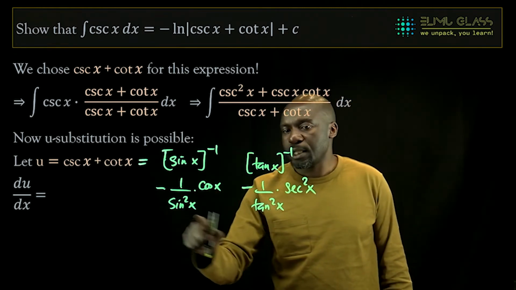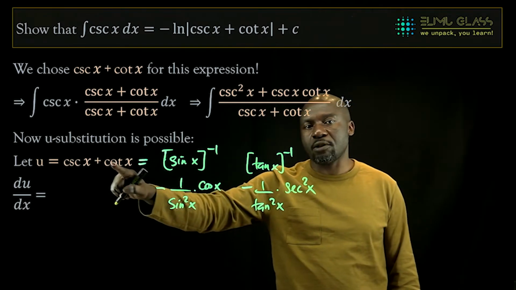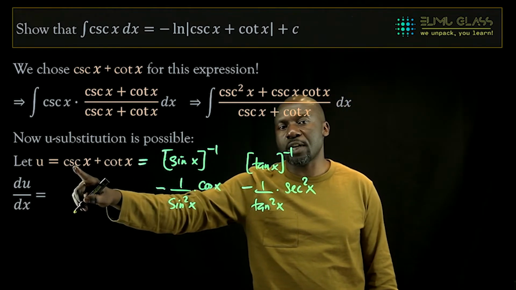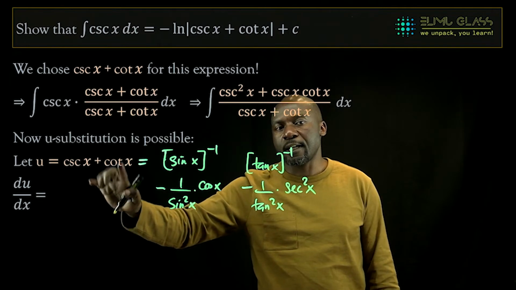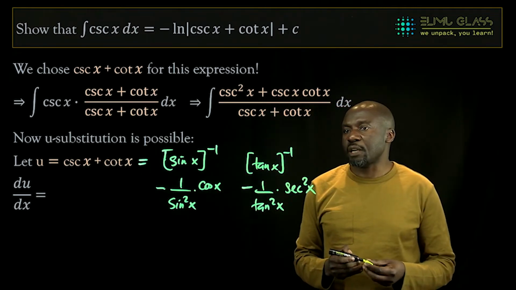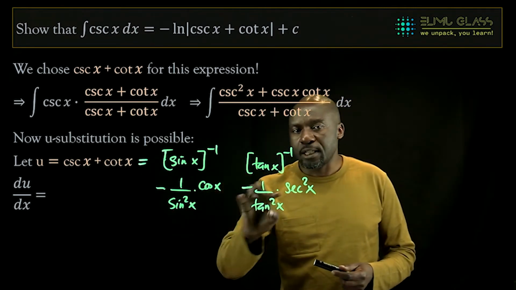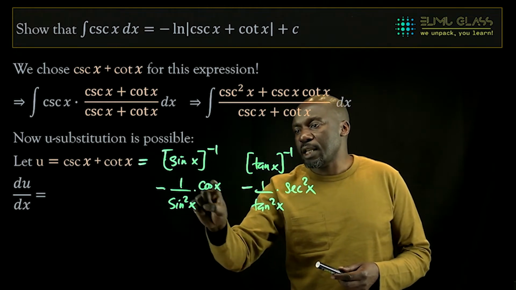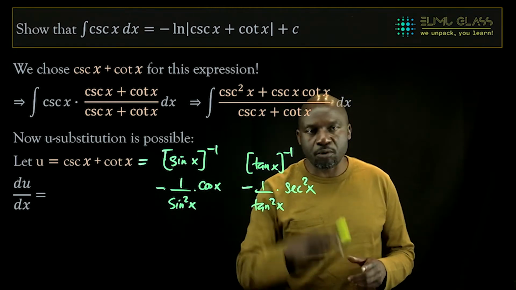This is how we differentiate cot. We just need to turn them into sine and tan, and then differentiating them becomes easier. So let's see how we deal with this to get the numerator.